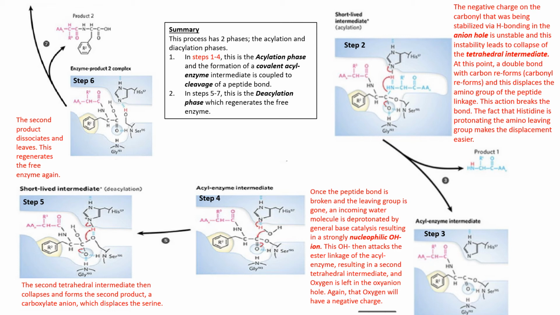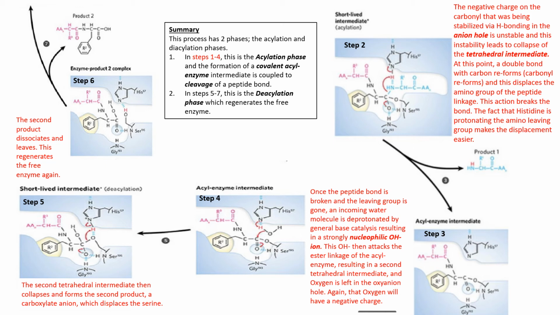resulting in a second tetrahedral intermediate. An oxygen is left in the oxyanion hole. Again, that oxygen will have a negative charge right here.